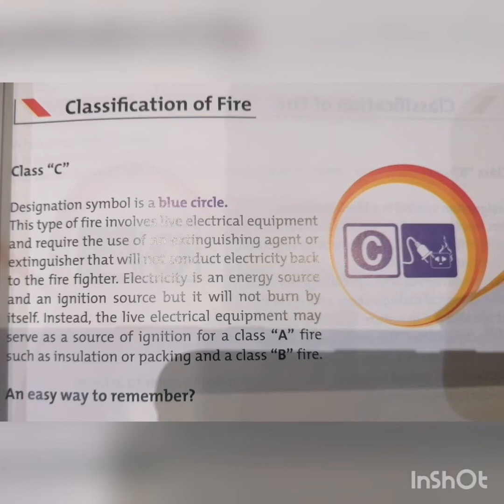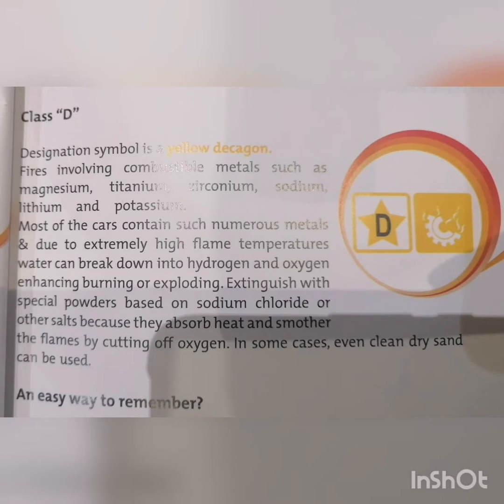Instead, live electrical equipment may serve as a source of ignition. So Class C is talking about electrical appliances.